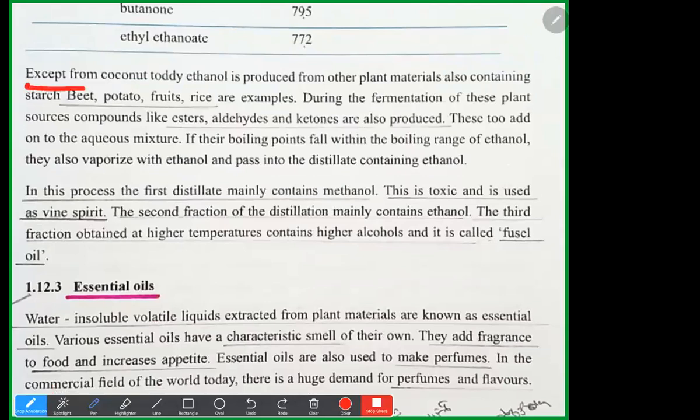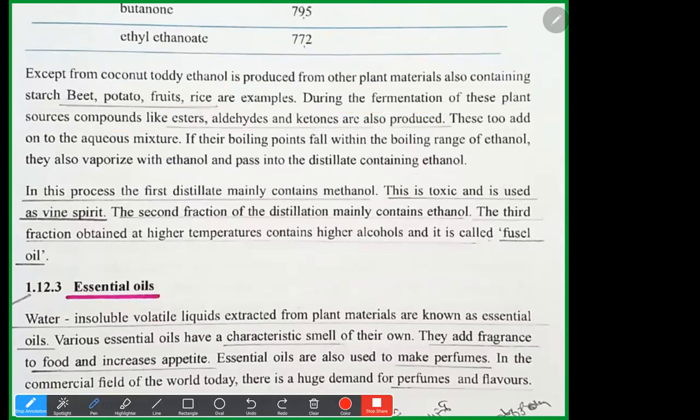Except for coconut toddy, ethanol is produced from other plant materials also containing starch. Beet, potato, fruits, and rice are examples. During the fermentation of these plant sources, compounds like esters, aldehydes, and ketones are also produced.